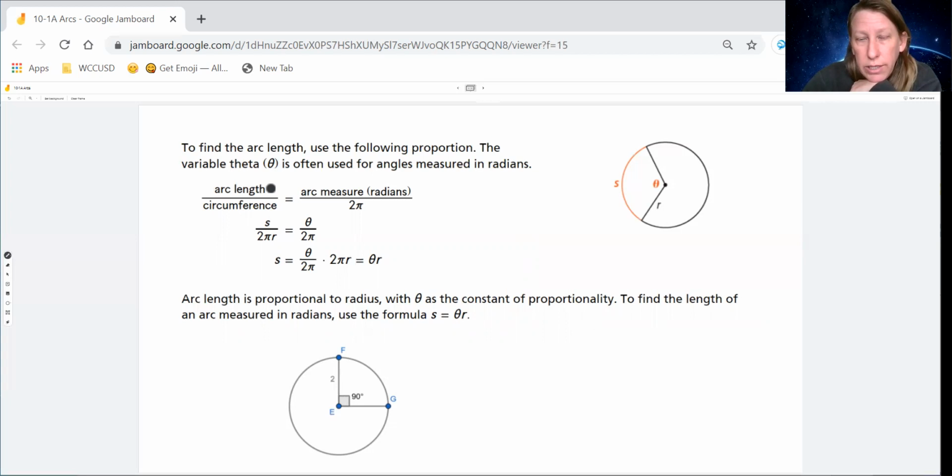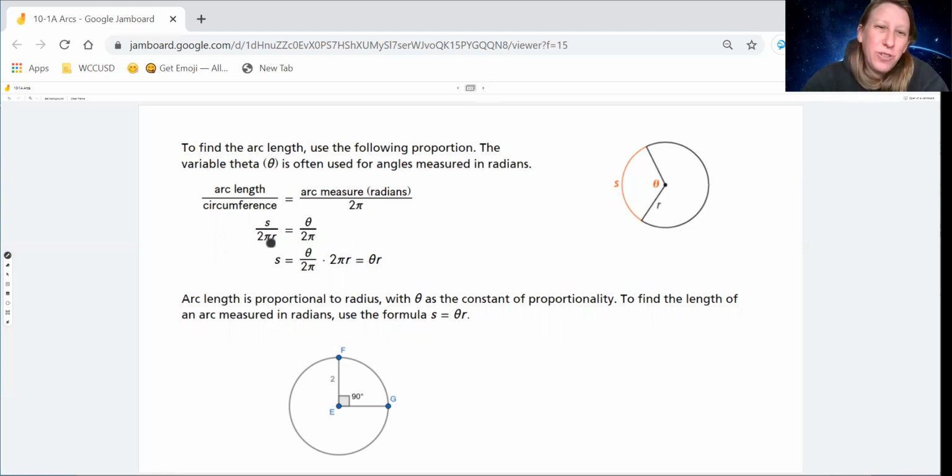So the arc length, which is what we're trying to find, out of the total circumference is a fraction: the arc measured in radians over 2 pi, because the whole circle is 2 pi. The circumference is all the way around, and all the way around measured in radians is 2 pi.